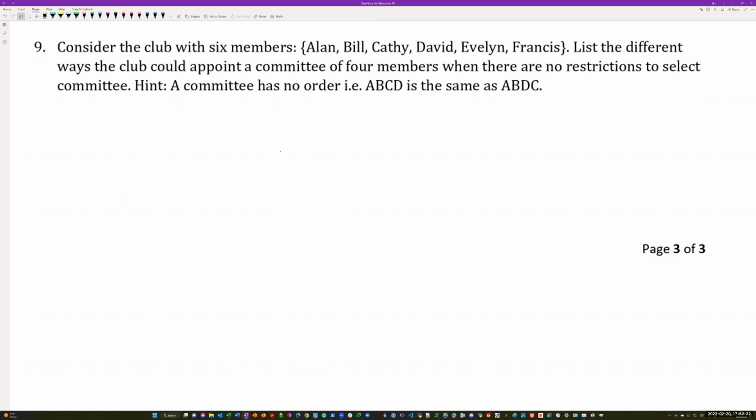But again, try and write them out. Then you'll understand. If you don't write them out, you're not going to be able to do it.